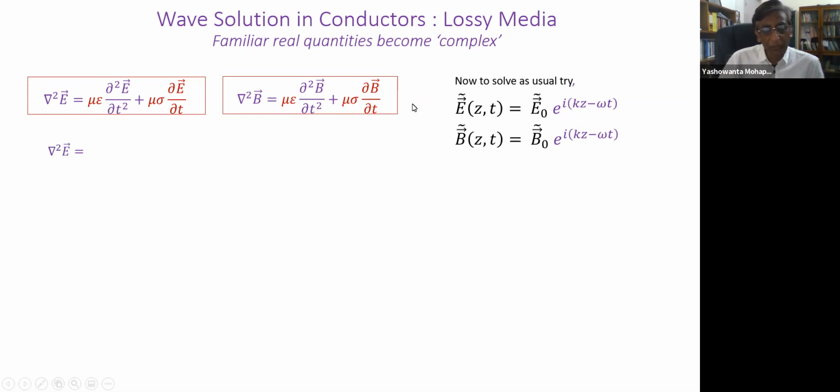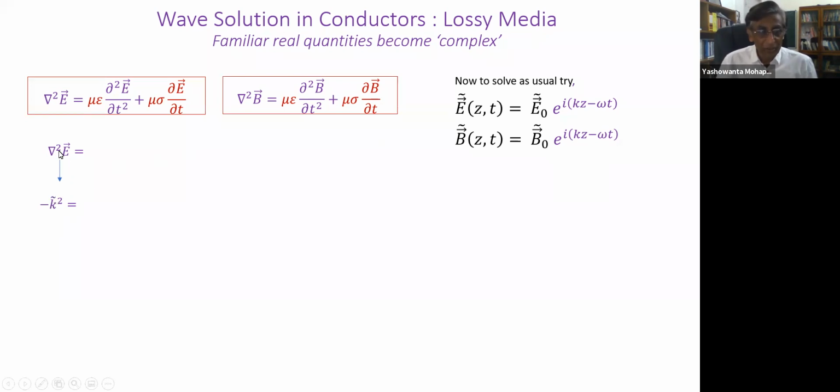First term, if I put this in del square E, that will give me twice. So each time I get an ik, so it becomes minus k square. And I'll show you that k becomes complex, and hence I put the tilde on top, to say that k is no longer a real quantity, it is going to become a complex quantity.